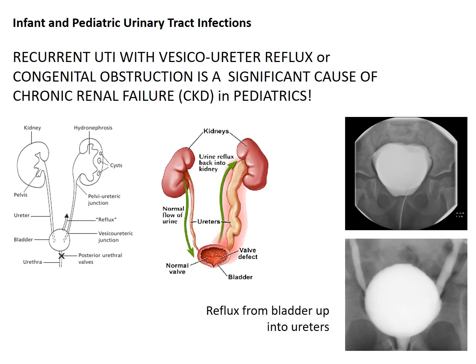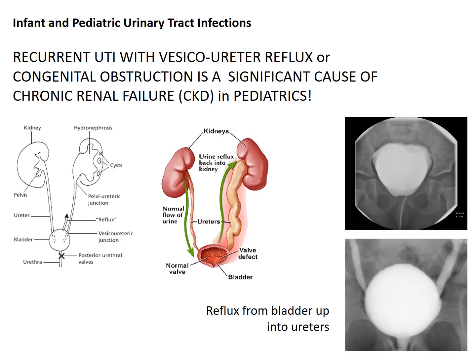Really quickly, infant and pediatric urinary tract infections. If the child has been born with some type of congenital anomaly, that will markedly increase their risk of urinary tract infections. Children with urinary tract infections who have congenital anomalies have a high incidence of what's called reflux.